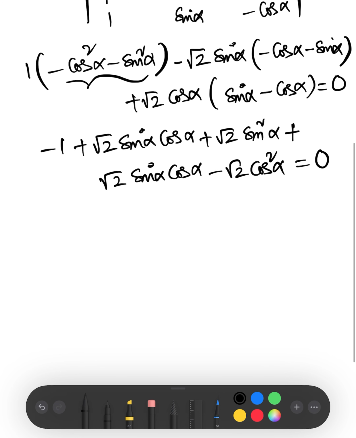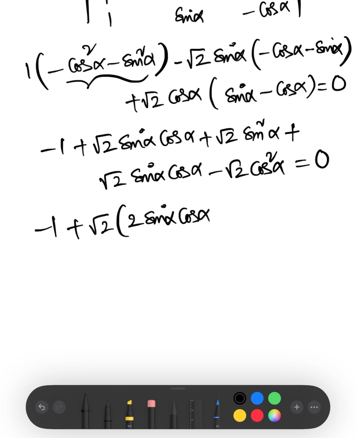So from this one, minus 1, here root 2 sin alpha cos alpha, root 2 sin alpha cos alpha, I can say that root 2 times 2 sin alpha cos alpha. The next one, if I take minus root 2 common in these two, what I'll get is cos square alpha minus sin square alpha. That's why I took minus root 2 common. Cos square alpha minus sin square alpha is nothing but cos 2 alpha.